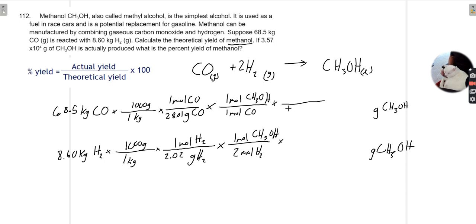Now, we don't want moles, right? So we get rid of moles. So moles goes at the bottom. We want grams. We want grams of methanol. Now, how do we get grams of methanol? Well, carbon is 12.01, so we know that one. We know oxygen is 16.